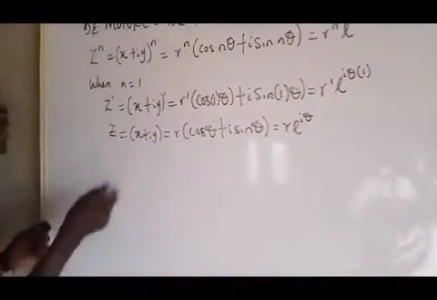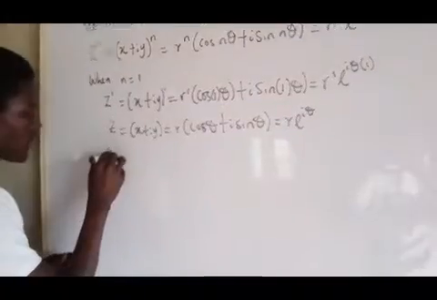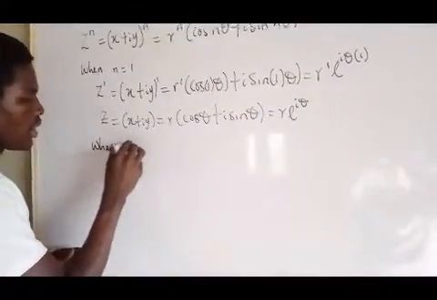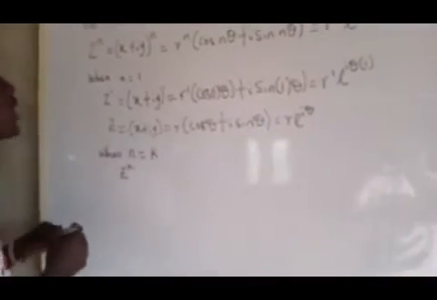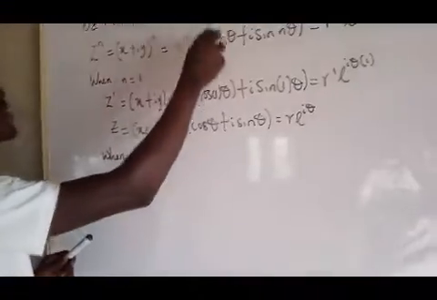Now when n equals k, that's the second process. So we'll have z raised to power k. Anywhere we are seeing n now, we are putting k.